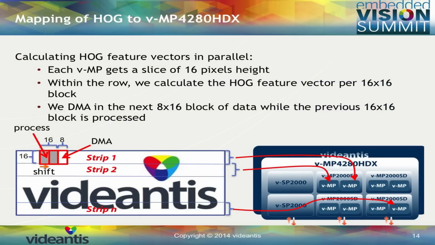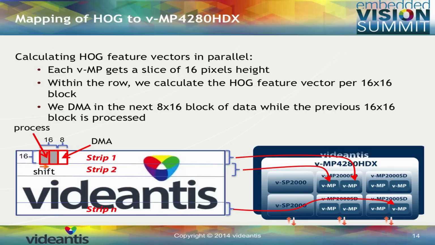So let's look at how we implemented HOG. There's first the pyramid building, and then extracting the feature vectors within the HOG algorithm. So we need to split up the data across the multiple cores.